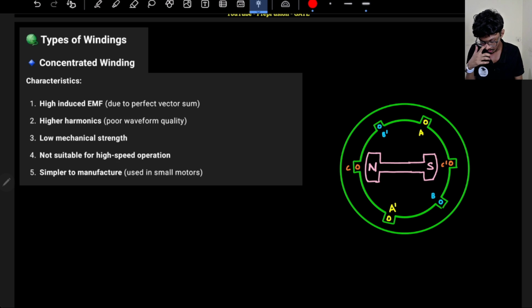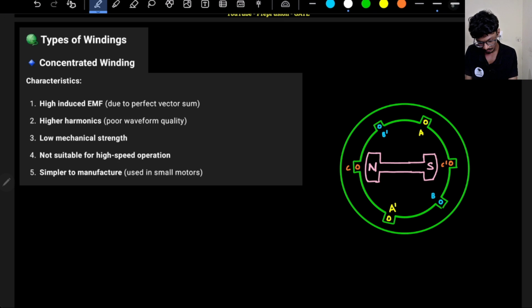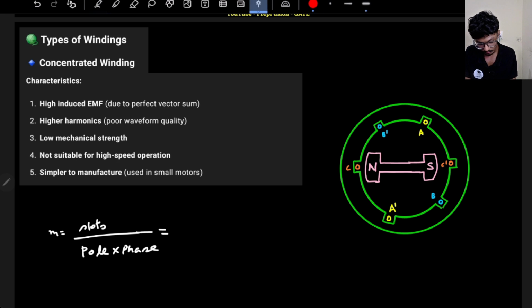If I want to define a new term, that is M. M will be equal to slots per pole per phase. So here, what is the slots per pole per phase?